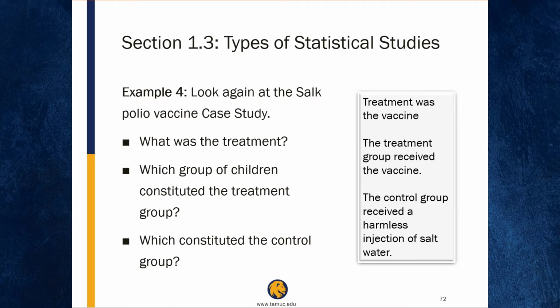The treatment group received the vaccine. The control group were the ones that received the injection of salt water, which was just a harmless thing that really shouldn't make any difference. So the control group didn't actually receive the vaccine, so we could tell, did the vaccine make a difference versus the control group?